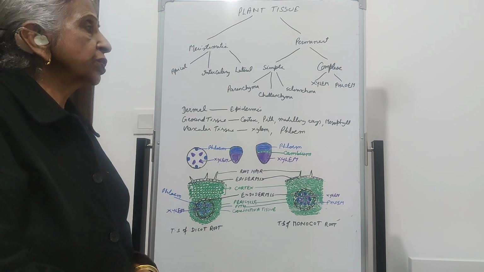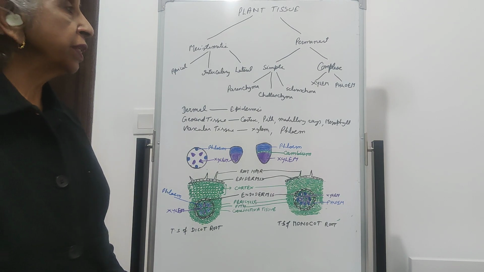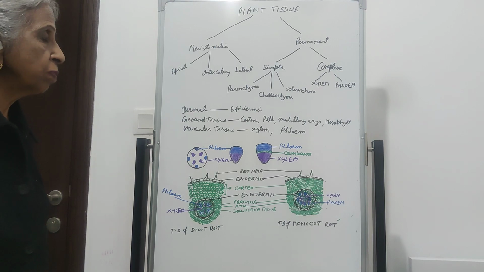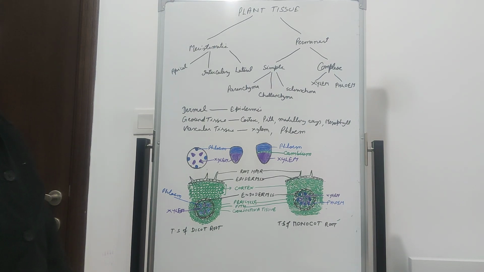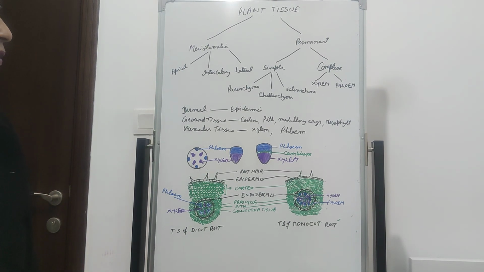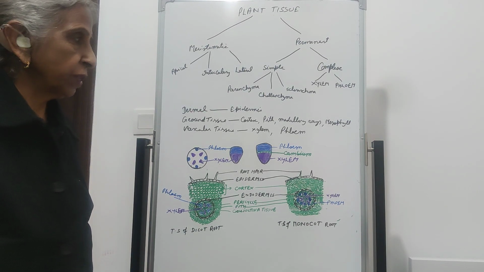Companion cells are associated with the sieve tube apparatus, and they control and coordinate its activities. They are nucleated and have cytoplasm.